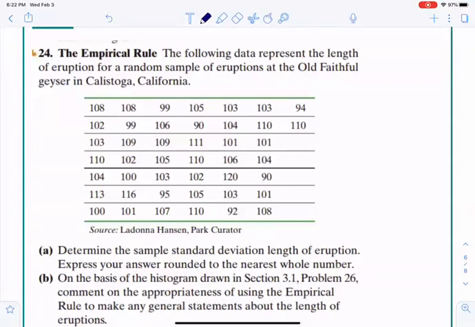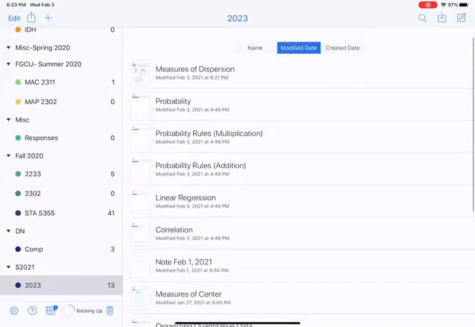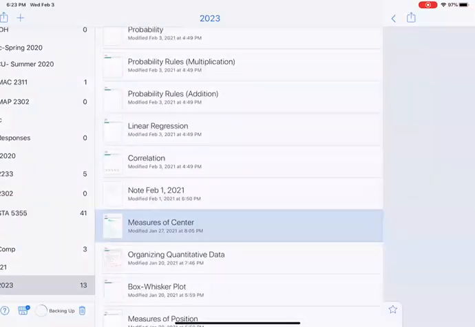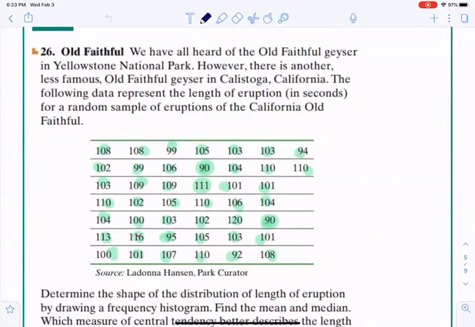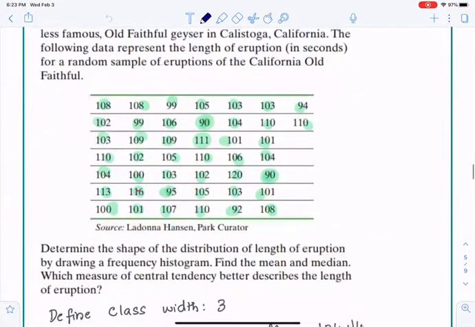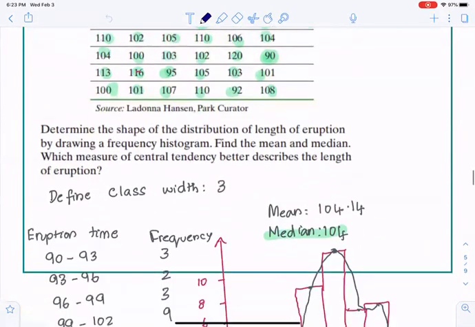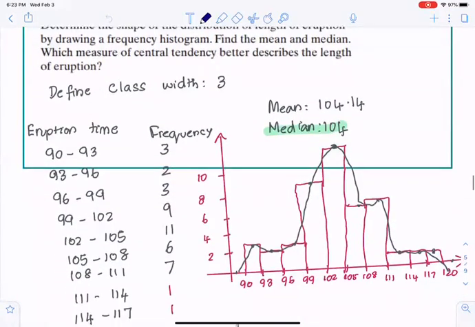So here is the data on the Old Faithful geyser in Calistoga, California. This is something that we did with measures of center. If you recall, I'll just go back to that particular problem from the last section. We found the mean and median, we defined class width, and we ended up getting a funky looking shape.